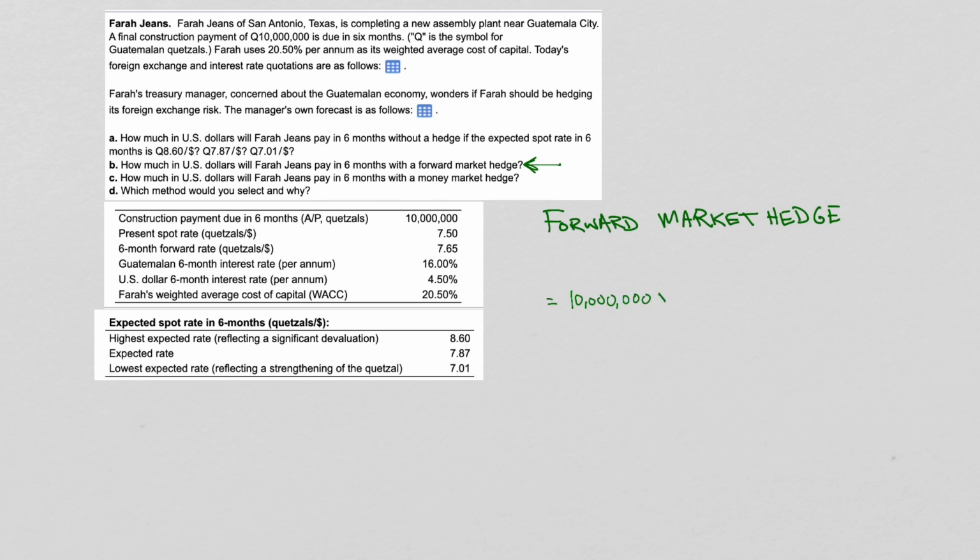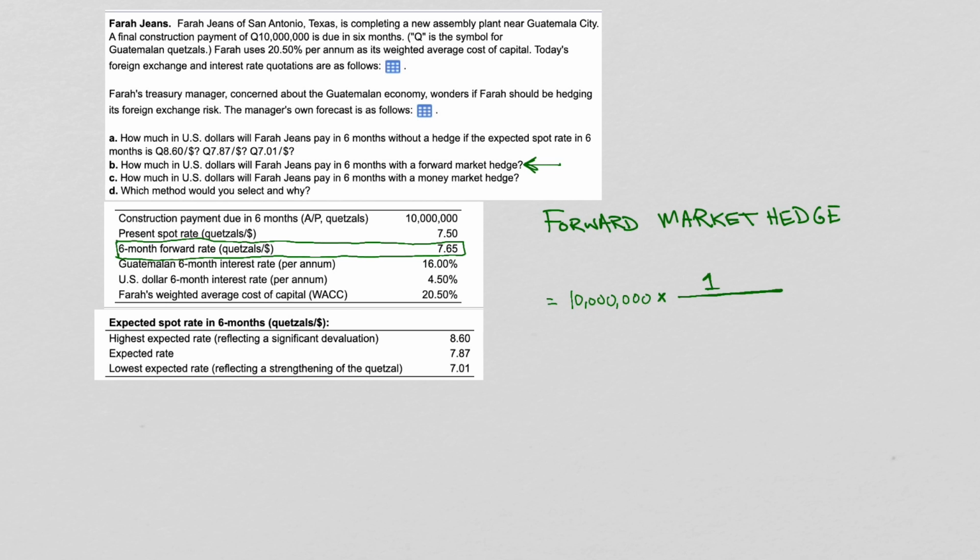It's just that with forward rate hedge, you're locking in the rate at which you are transferring one currency for another. In this case, we're going to be selling USD and buying quetzals at an agreed upon forward rate. And we're given that. In reality, you would go to different banks to get price quotes for different forward rates. But for this problem, we've got 7.65.